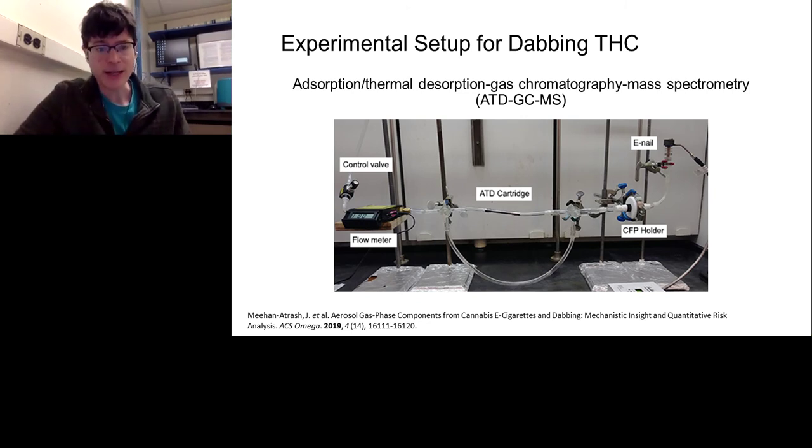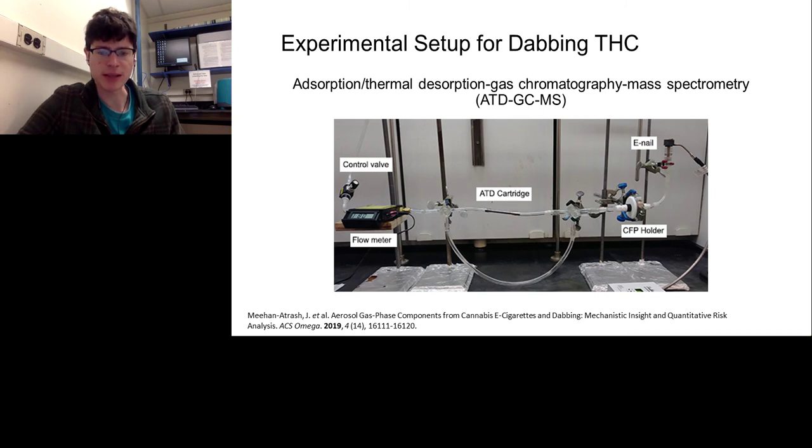So when we got THC in the lab, we wanted to study this with the best method that we could. One of our collaborators had a really interesting experimental setup called adsorption, thermal desorption, gas chromatography, mass spectrometry.